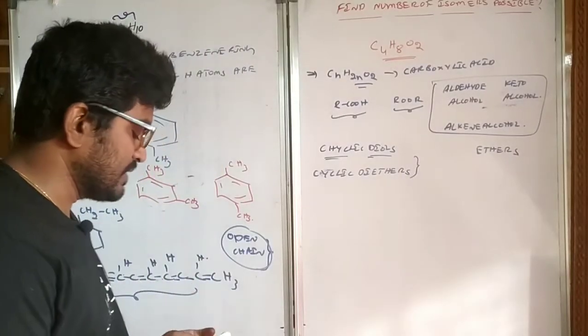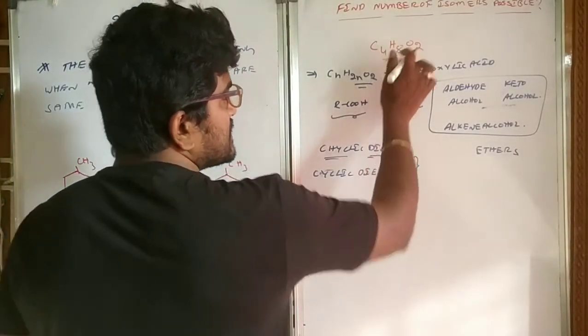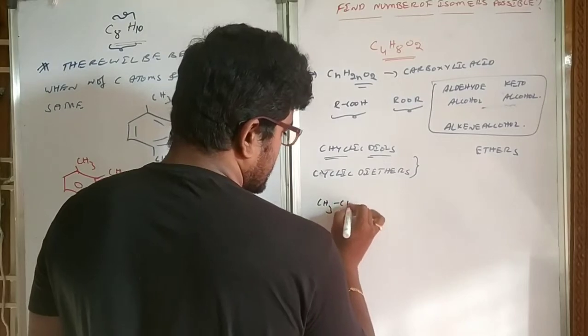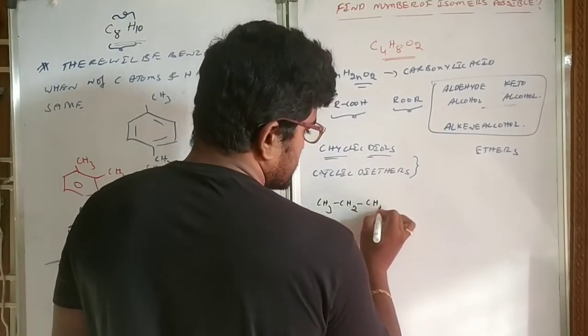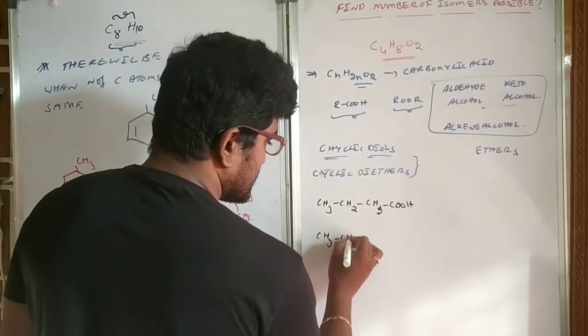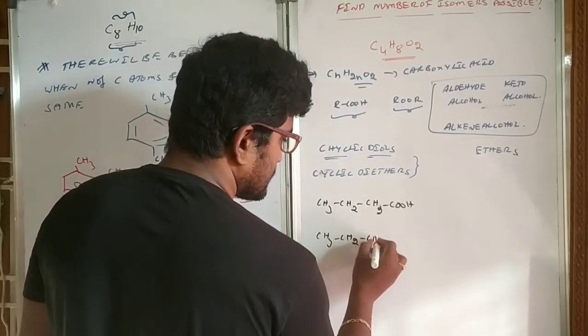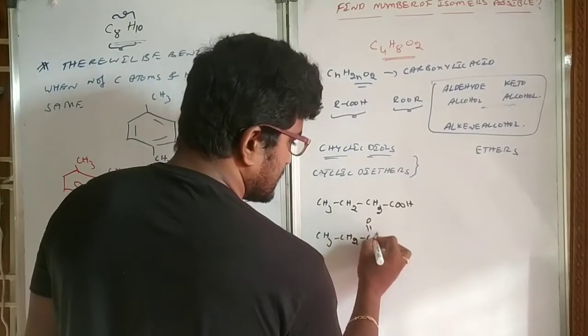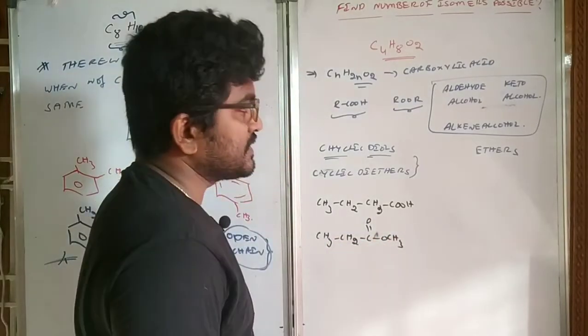So what you can write for C4H8O2 is CH3, CH2, CH2, COOH. You can write CH3, CH2, C double bond O, CH3 will come.